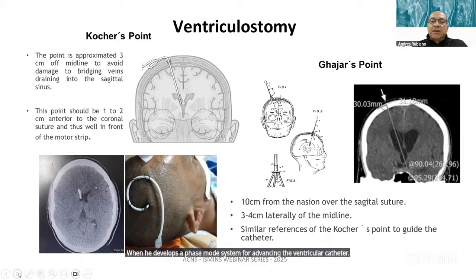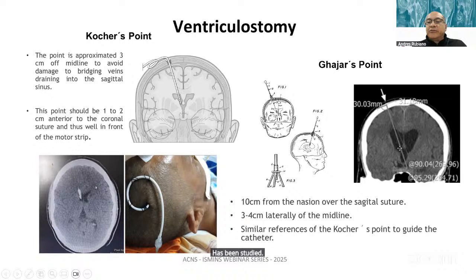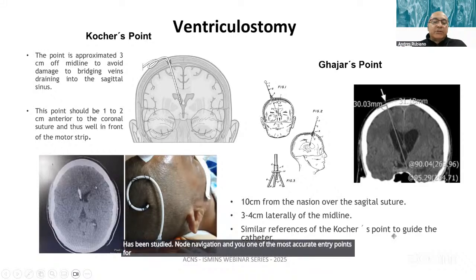This tripod is suggested to be positioned 10 centimeters from the nasion over the sagittal suture and then 3 to 4 centimeters laterally of the midline. So the references are pretty similar to Kocher's point to guide the catheter, but this has been studied with neuronavigation and is one of the most accurate entry points for placing the ventriculostomy.